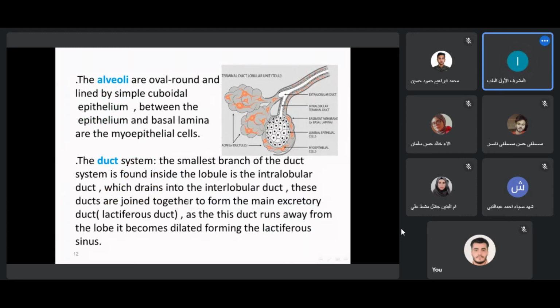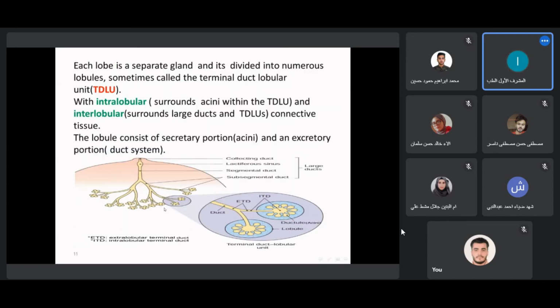It drains into an enlarging, branching duct system, which will join together to form the main excretory duct, which is the lactiferous duct. This is the lactiferous duct that has a dilated part called the lactiferous sinus that will drain into the collecting duct and then outside through the nipple.